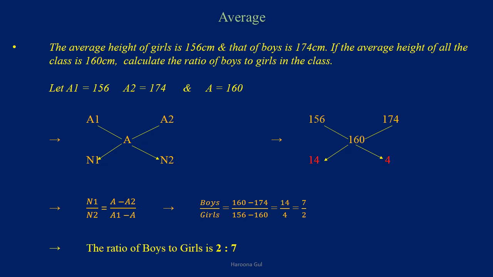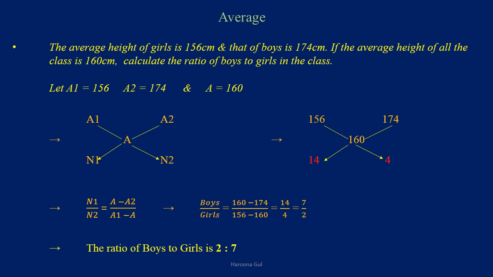Okay, this is another question on weighted average, and it says that the average height of girls is 156 centimeters and that of boys is 174 centimeters. If the average height of all the class is 160 centimeters, calculate the ratio of boys to girls in the class.